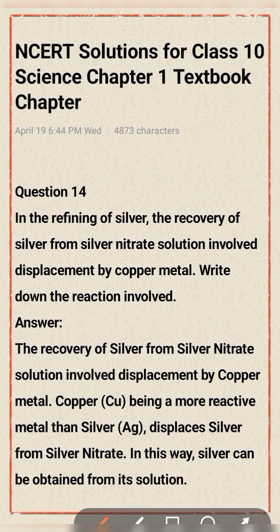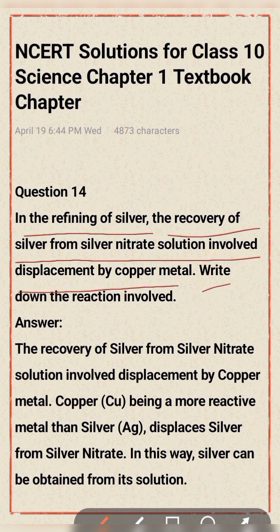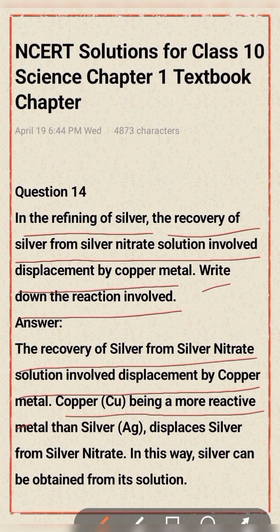Next question, question number 14. In the refining of silver, the recovery of silver from silver nitrate solution involves displacement by copper metal. Write down the reaction involved. Copper, that is Cu, being a more reactive metal than silver, that is Ag, displaces silver from silver nitrate.